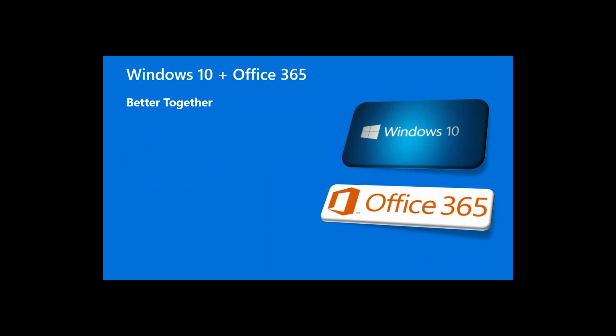So the real subject of this is Windows 10 and Office 365 and how they work together. Windows 10 and Office 365 are, quote-unquote, better together. A little bit of cheese in there.